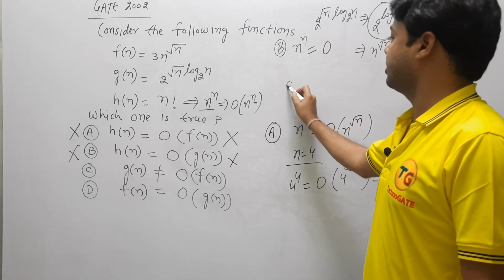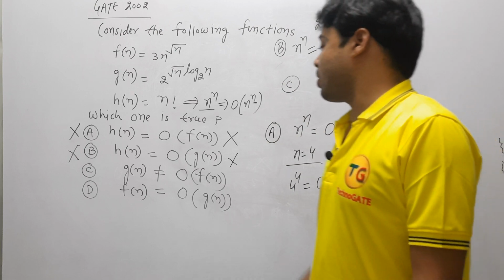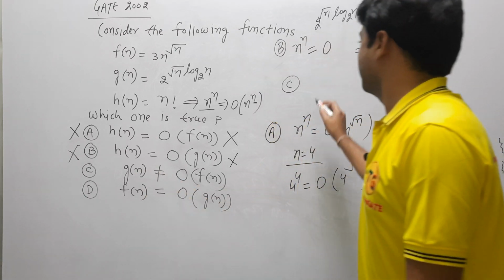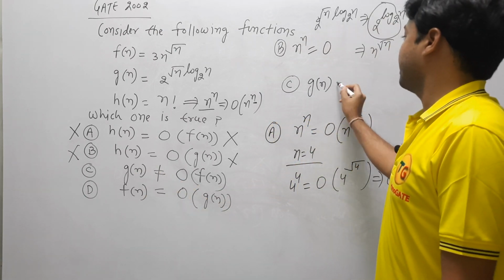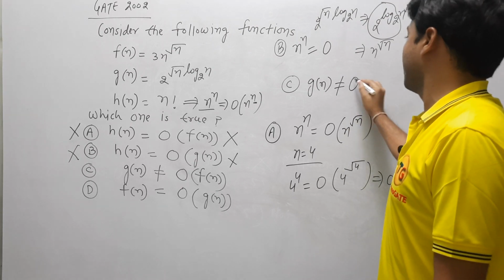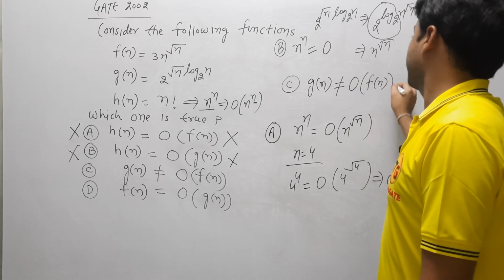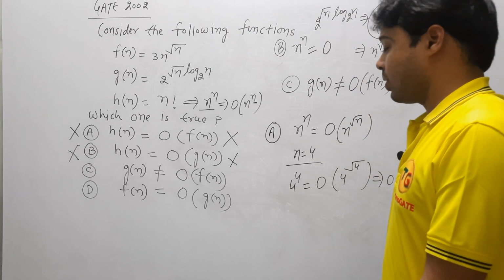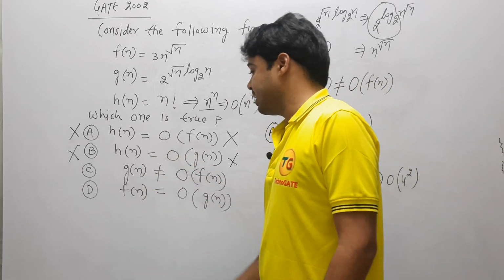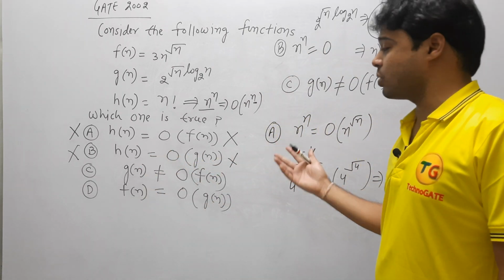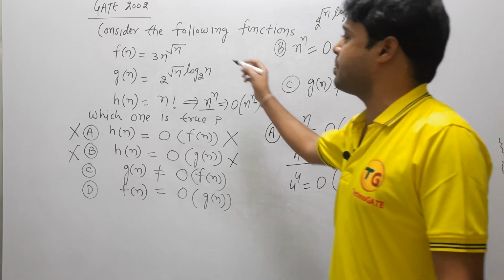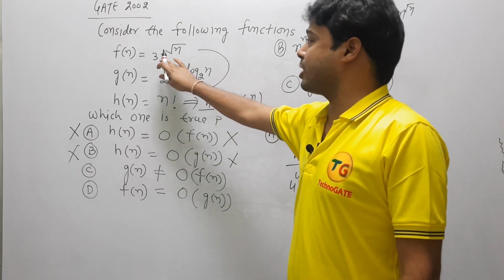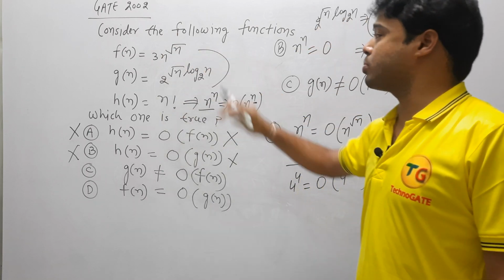Now C. C says g(n) does not equal big-O of f(n). But g(n) is also big-O of f(n), yes, because both are the same here. This is n raised to power root n and this is n raised to power root n.